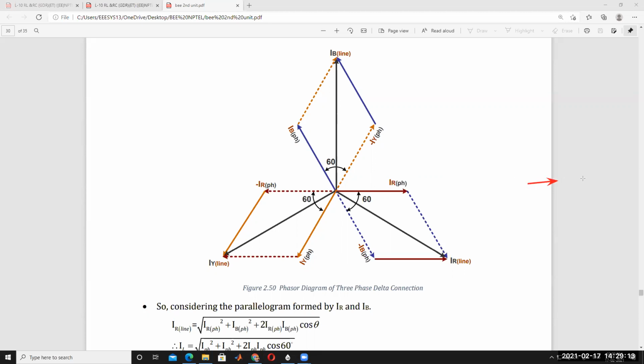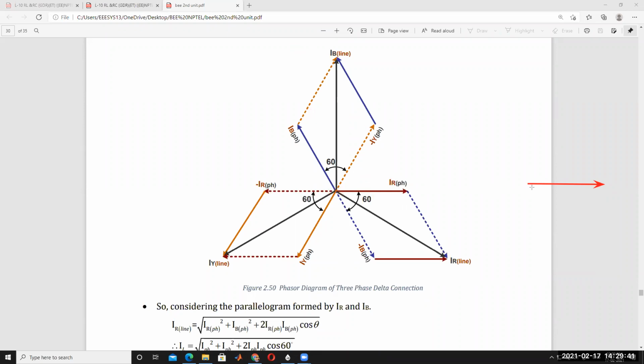So IR phase like this. So what is minus IR phase? Opposite direction, same length, same magnitude, but opposite. Understood? Minus IR phase also has the same length, but in the opposite direction.